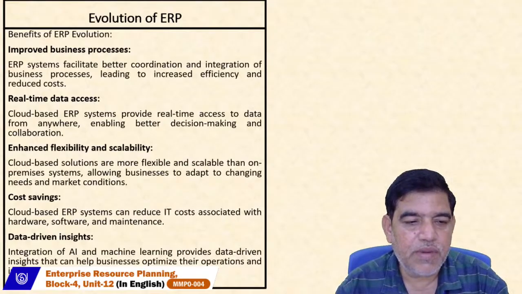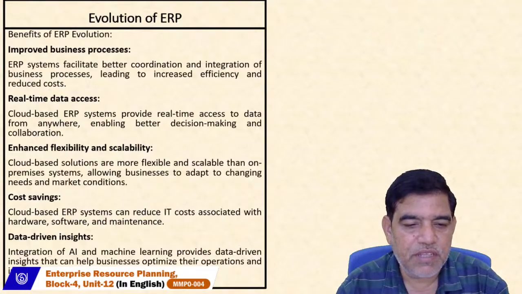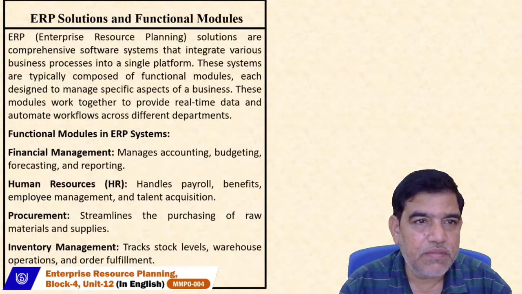Cost saving. Cloud-based ERP systems can reduce IT cost associated with hardware, software, and maintenance. Data-driven insights. Integration of AI and machine learning provides data-driven insights that can help businesses optimize their operations and improve their decision making. So these are the benefits of ERP evolution.